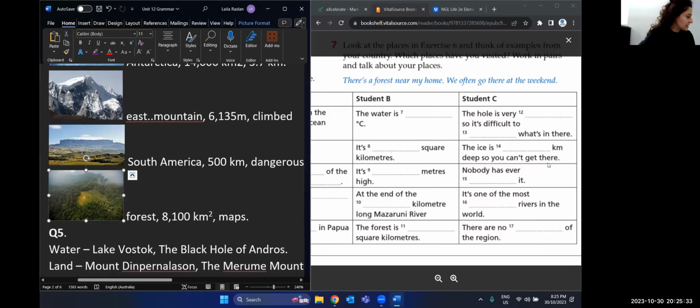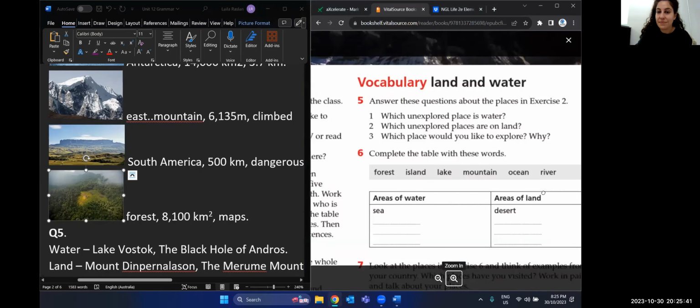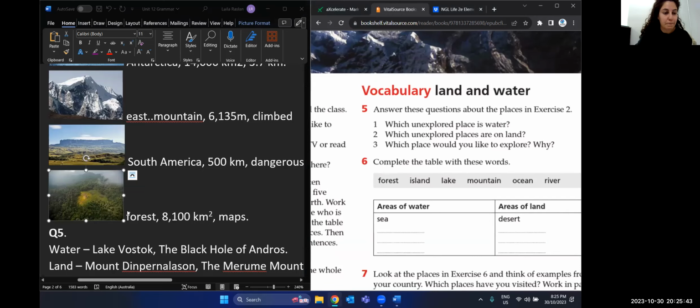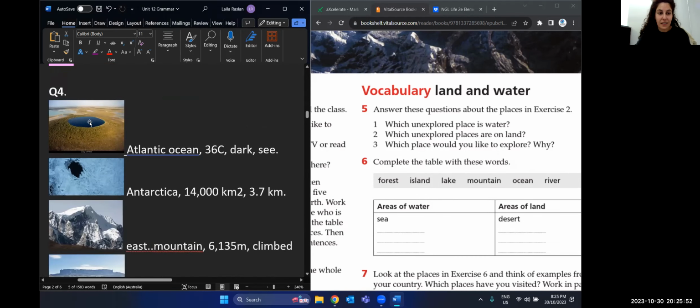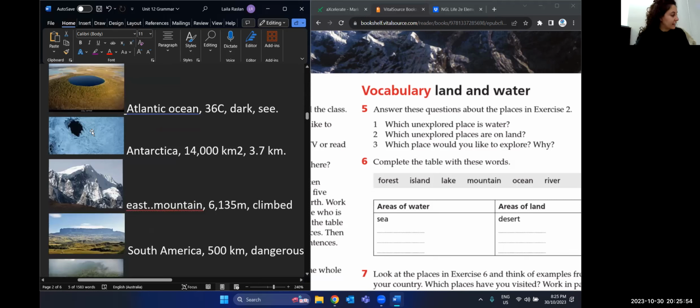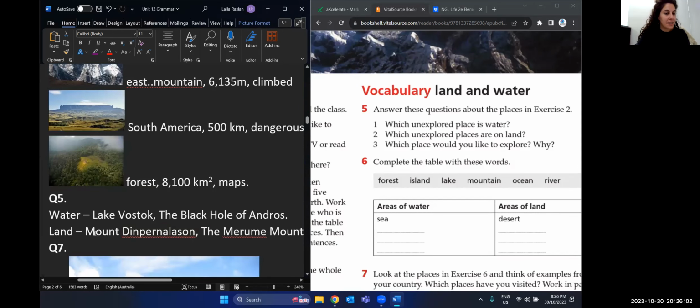Okay, so let's quickly do number 5 and 6. Which of these places were in water? Lake Vostok, because you can see lake, the Black Hole, and Lake Vostok. So the first one and the second one, they are in water. Which ones are on land? Well, the rest of them.